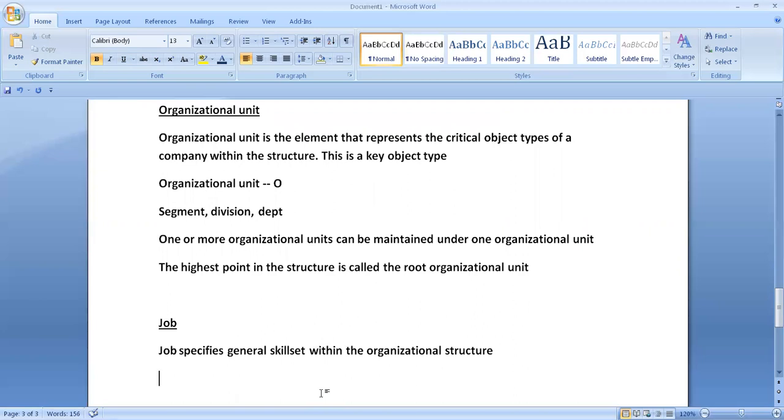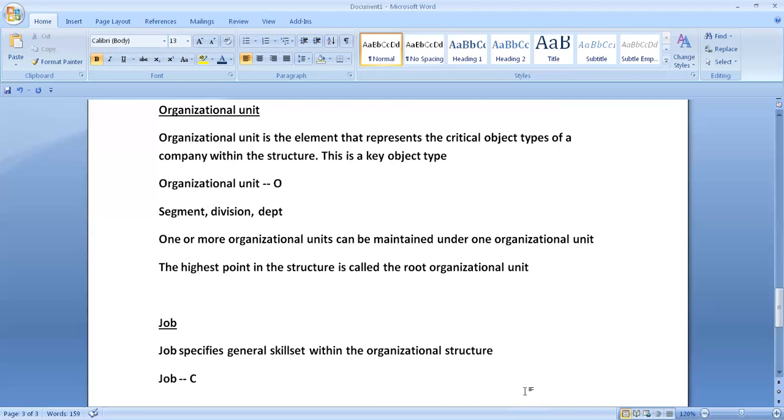So you can specify job as C. The code, 1 digit code for job, is C. What is job? Job specifies a general skill set within the organizational structure. There is a difference between general English language and job here.